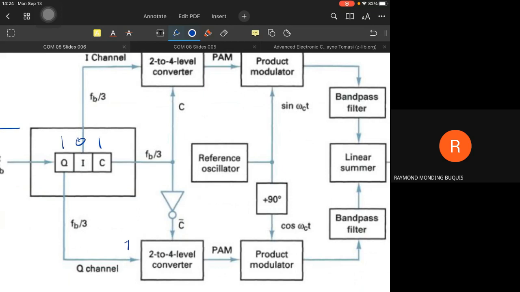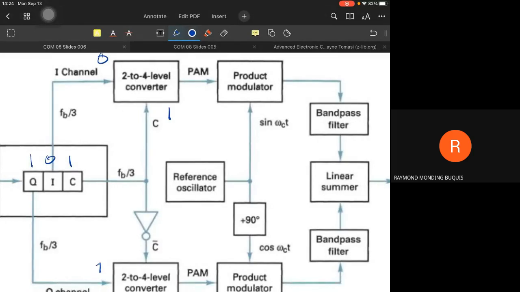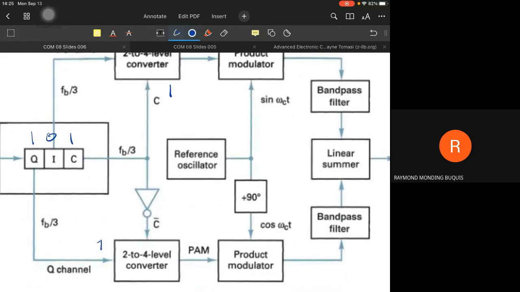Si C is ang MSB, no? MSB ni siya sa bit stream. So the MSB would be the C. Ang MSB sa tulo ka bit would be the C. So ang positive niya is i-feed niya sa I, whereas ang inverted niya is i-feed niya kay Q, which is 0.